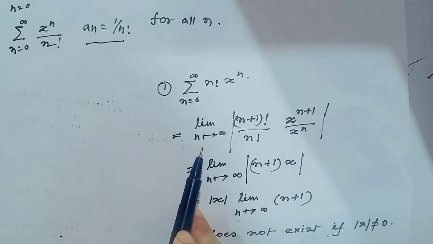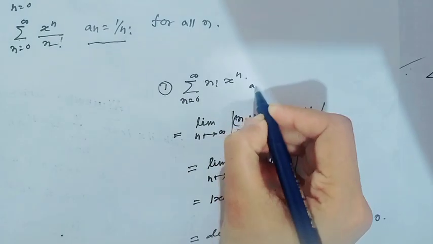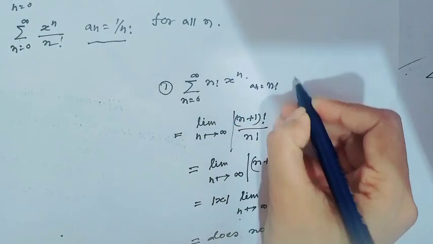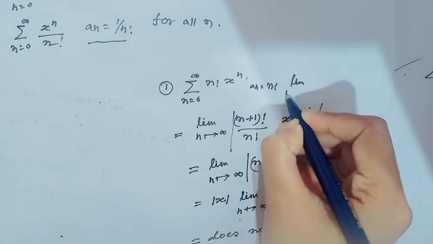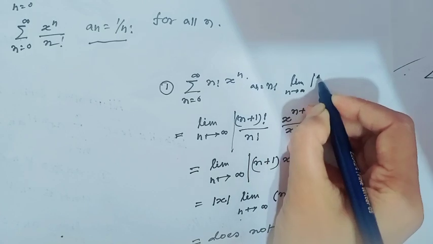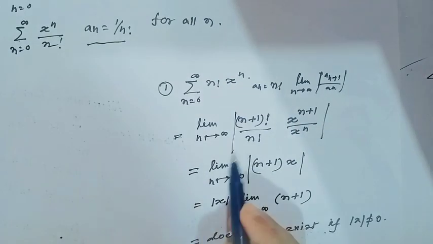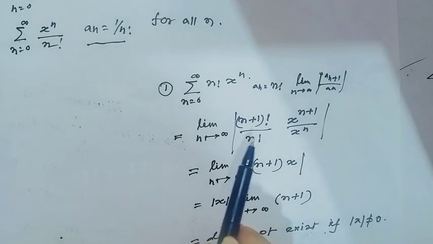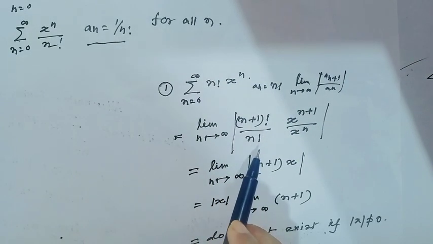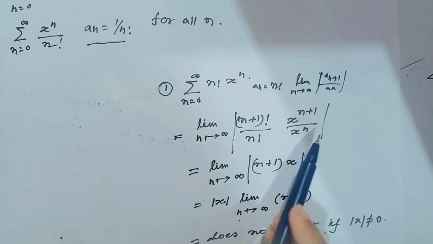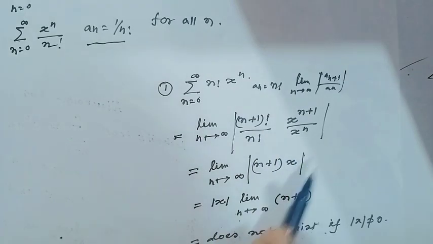Here I will use the ratio test: the limit as n tends to infinity of the absolute value of a(n plus 1) over a(n), which is (n plus 1) factorial times x to the power n plus 1 over n factorial times x to the power n.